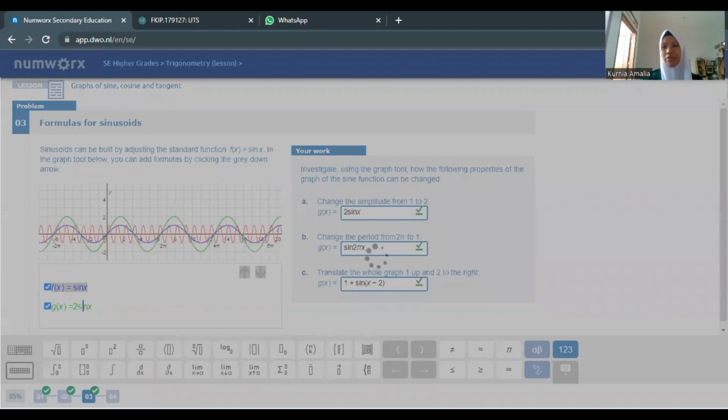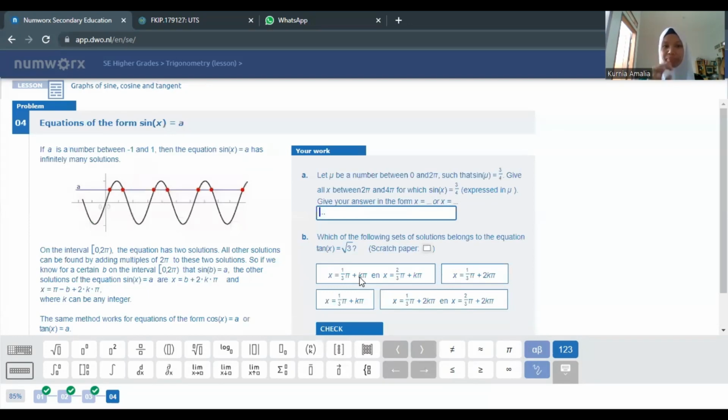Number 4. For the equation of the form sin x equals a, the interval of x is 0 to 2 pi.